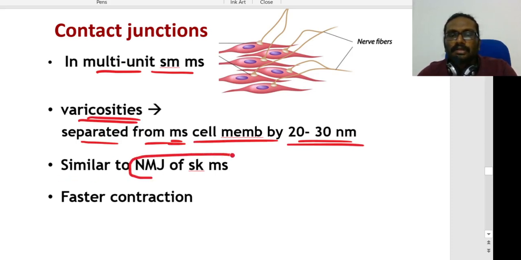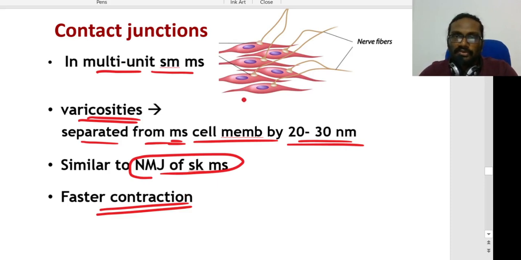This would be similar to the neuromuscular junction of skeletal muscles. This brings faster contraction in multi-unit smooth muscle. So faster contractions in multi-unit smooth muscle are possible because of this one-to-one arrangement of varicosities. They go separately to each cell. That is the speciality, or the importance, of contact junctions in multi-unit smooth muscles.